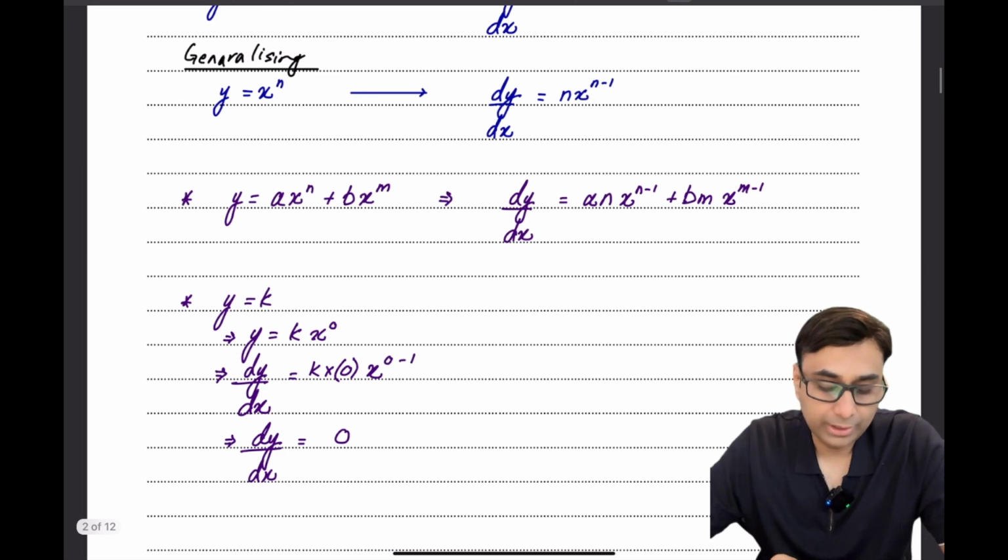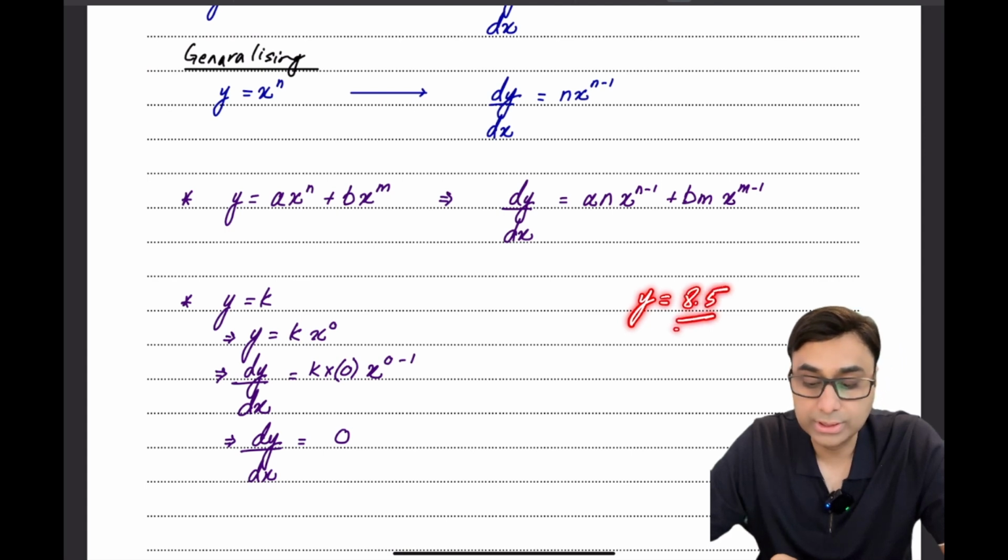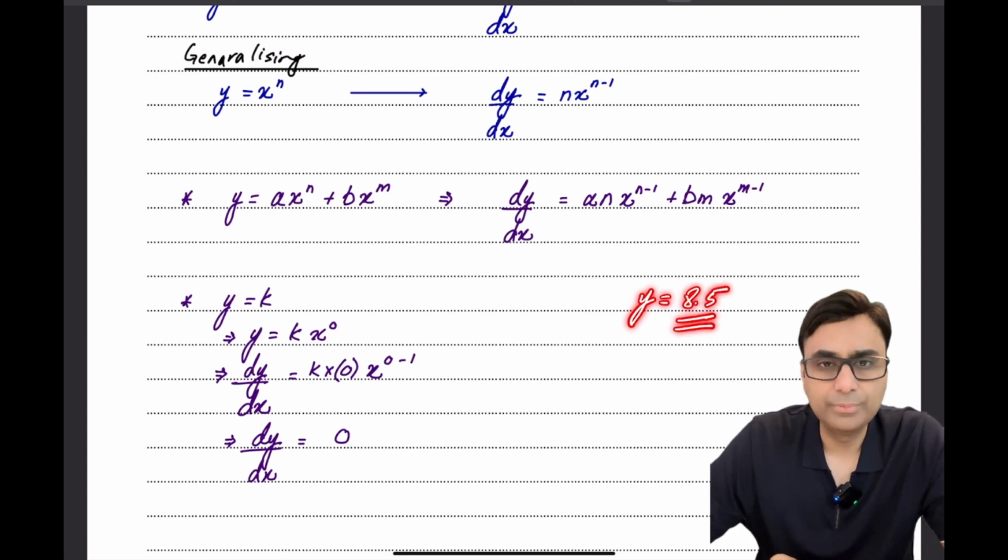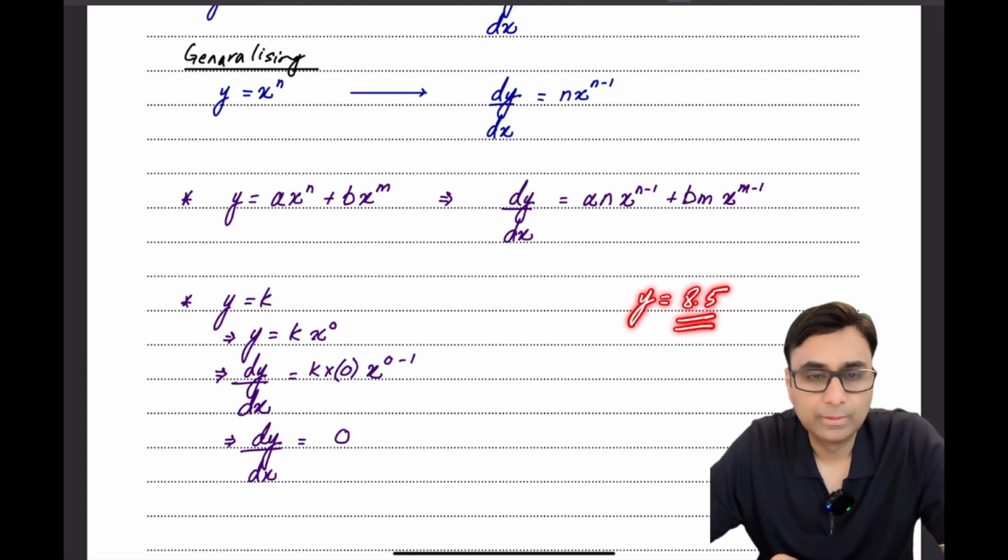And one more thing, which is if you have a constant, some constant value, it could be 7, 10, 15, 8.5, whatever it is, you can logically identify that if something is constant, then its rate of change must be equal to 0. So if y is equal to 8.5, its rate of change is what?